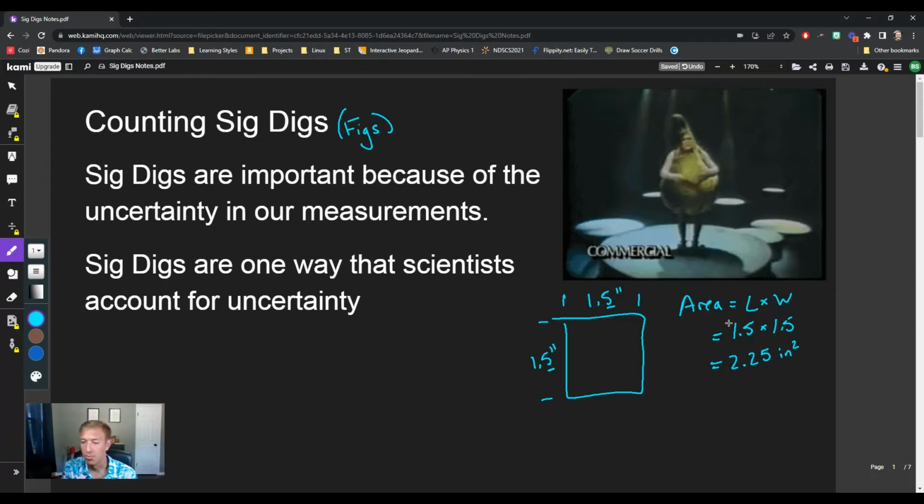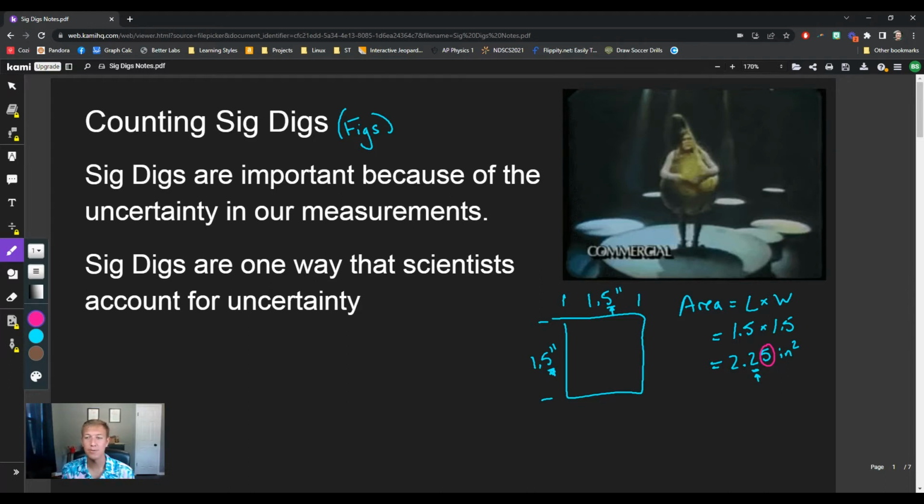But anyways, the more important thing that I'm focusing on here is that notice my guess digit before was in the tenths place, the first decimal place for both of my measurements. But now I've gone past that and I have this 5 there, right? So that 5 is beyond what I guessed, beyond the uncertainty of my measurements. So I've become too precise here.